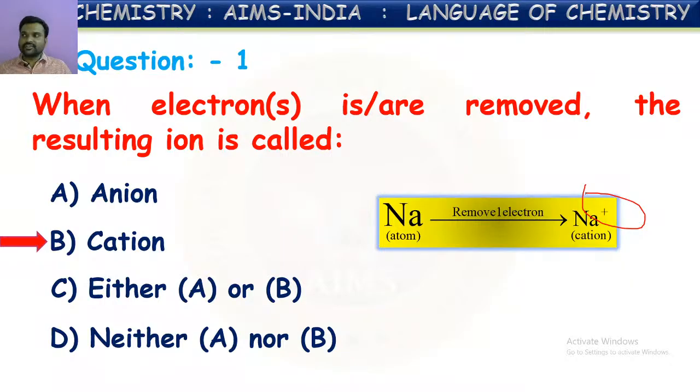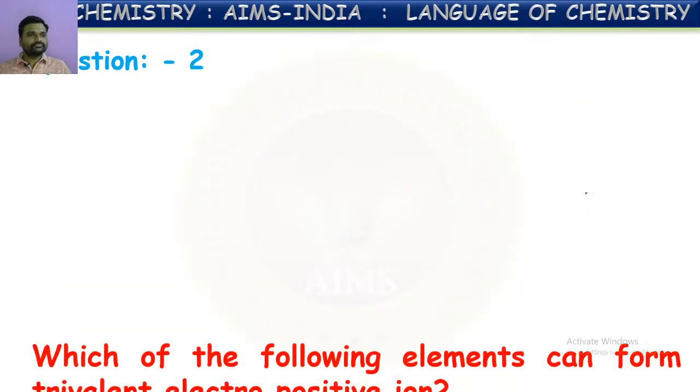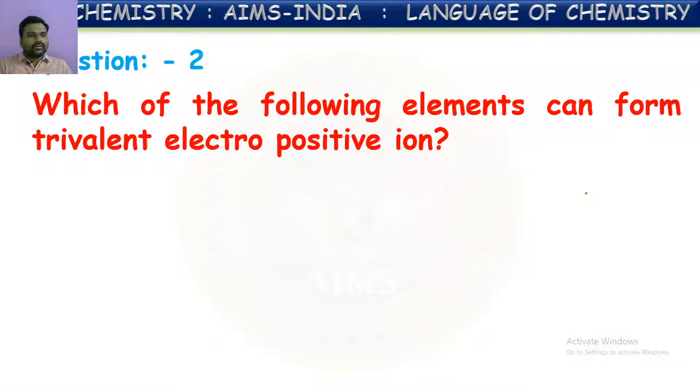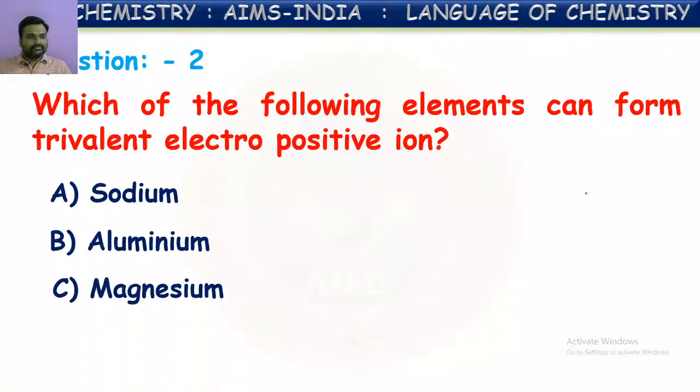Fine. Let us go to second question. Which of the following elements can form trivalent electropositive ion? See, sodium, aluminium, magnesium, hydrogen. Out of these four elements, which can form trivalent electropositive ion?